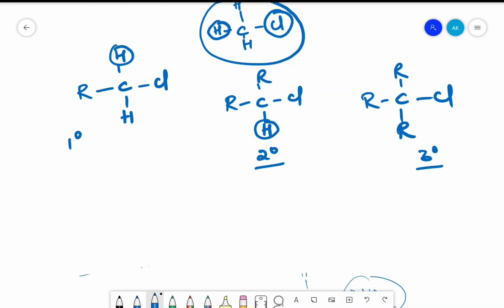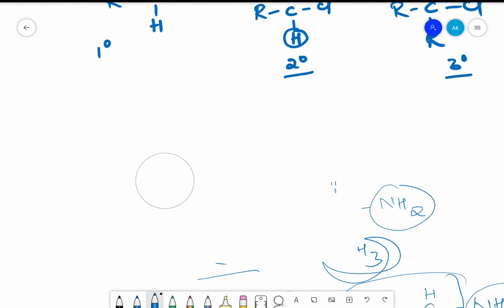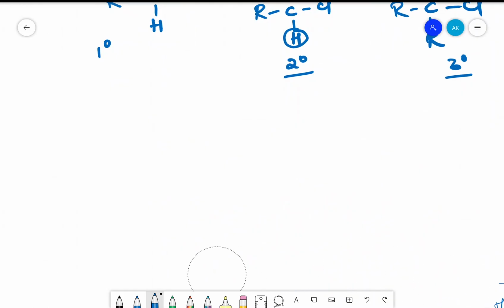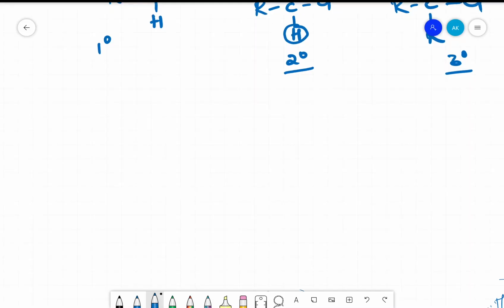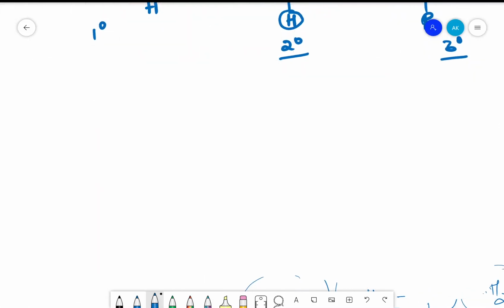So alkyl halides are one of the most important functional groups for preparation of various pharmaceutical preparations. So now we are going to see the methods of preparation. We have already seen in alkanes halogenation.